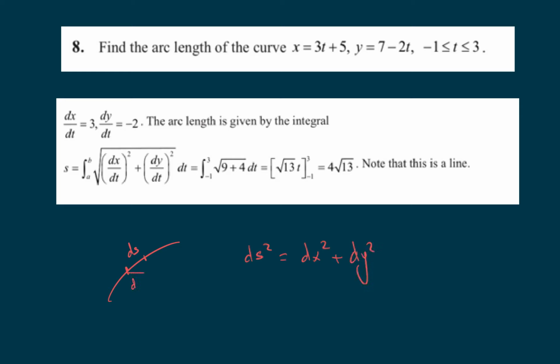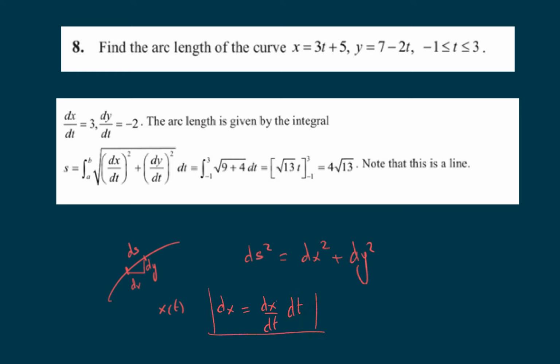So this is dx and this is dy, and Pythagoras theorem says that this is their relation. But dx is, because x depends on t, the derivative of x with respect to t by dt.